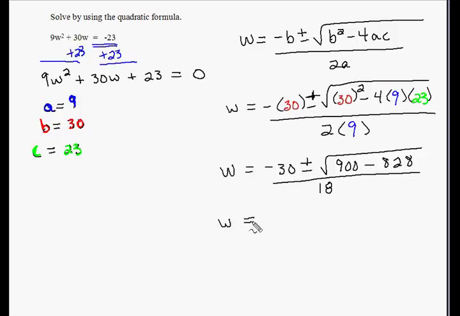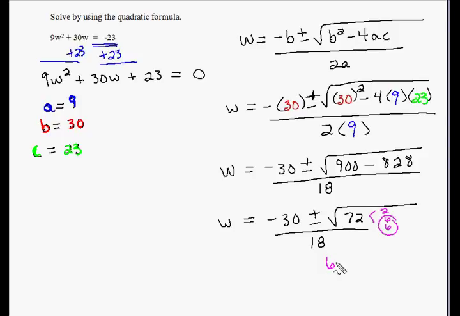Cleaning this up a little bit more, w is equal to negative 30 plus or minus the square root of 900 minus 828 is 72, all divided by 18. 72 is 2 times 6 times 6, and so we can take the 6 out of the radical, and still in the radical is 2, so our denominator is 18. We're adding and subtracting this with our negative 30.